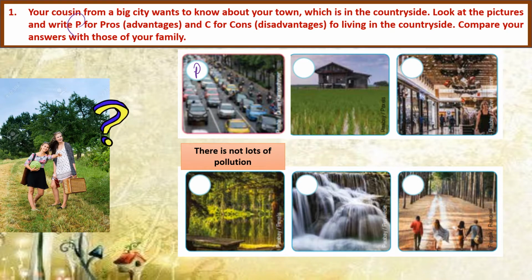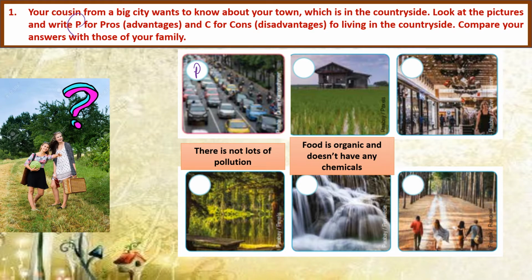Next one, as you can see in the picture, these people are growing crops. There is food, right? Crops. So that could be an advantage or disadvantage. Let's read, please.